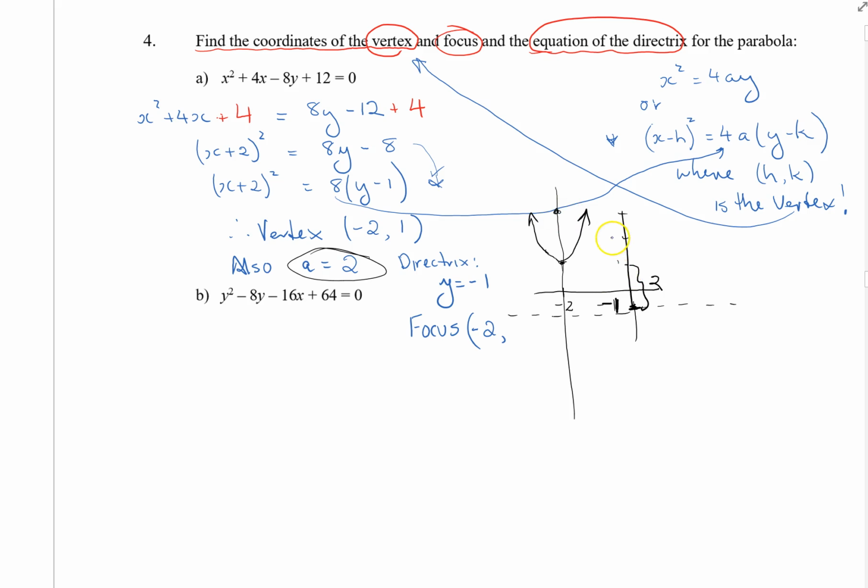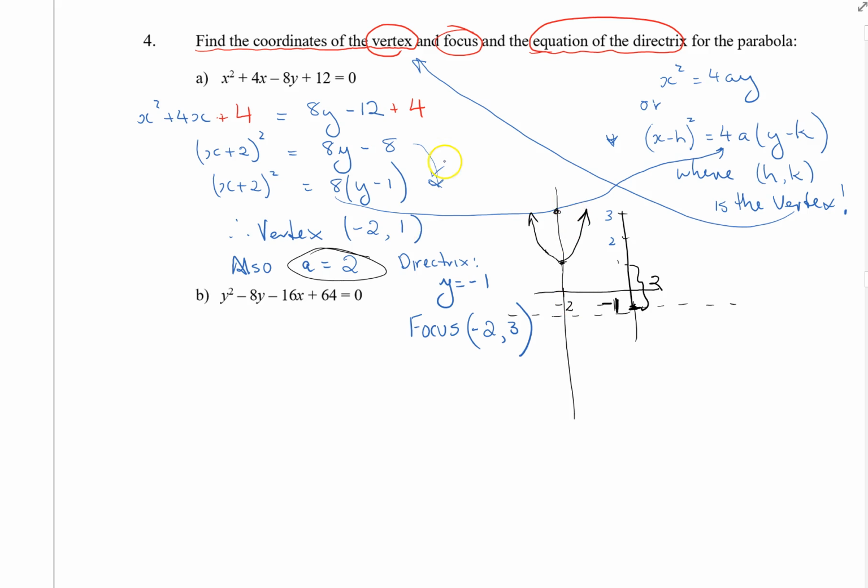I'm going from 1, 2 units would put me up at y = 3. And that's all I need. In answering this part of the question, I get it straight from the diagram, no other working required, just an understanding from my diagram.